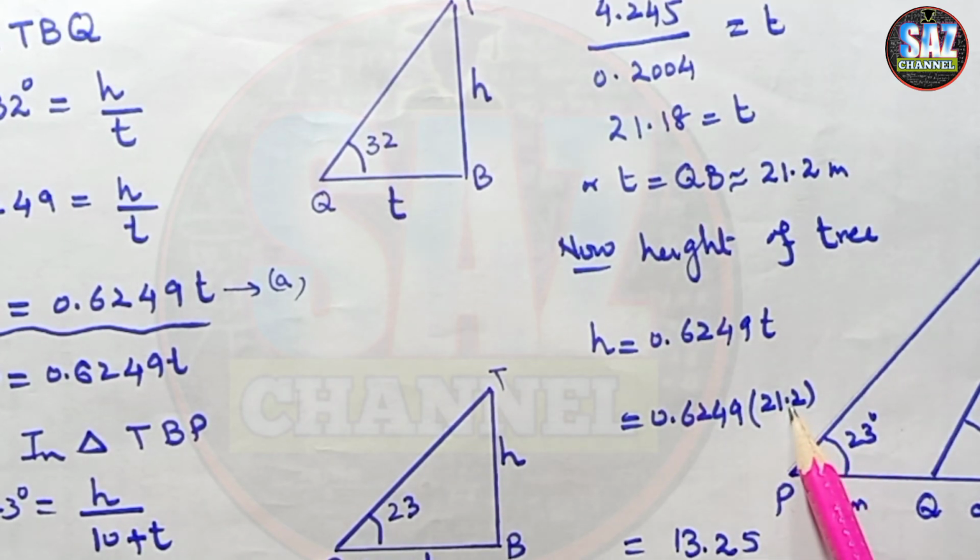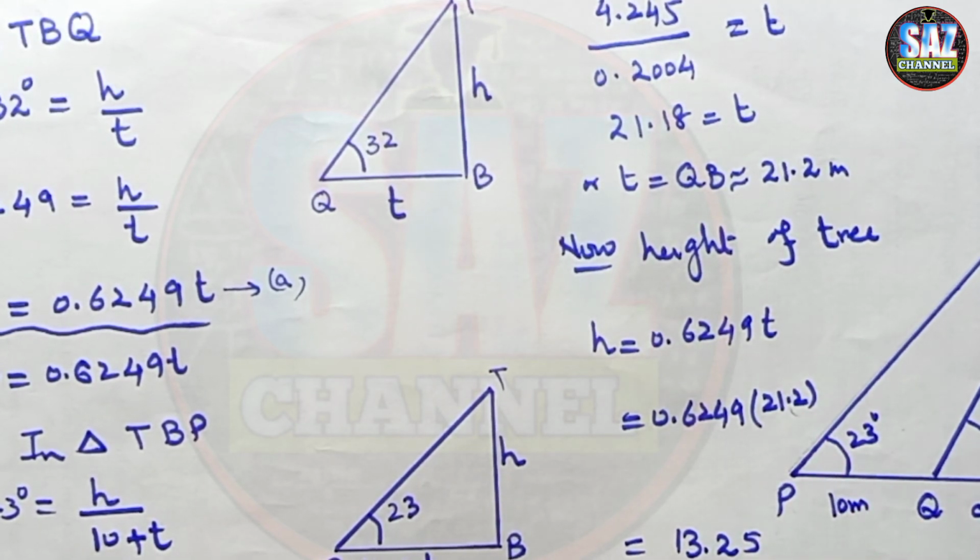And here we have to replace the value of t, that is 21.2: 0.6249 multiplied by 21.2 gives me 13.24. Yes, please develop the habit of rechecking your work before submission.